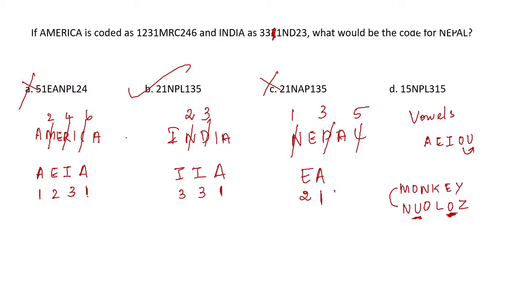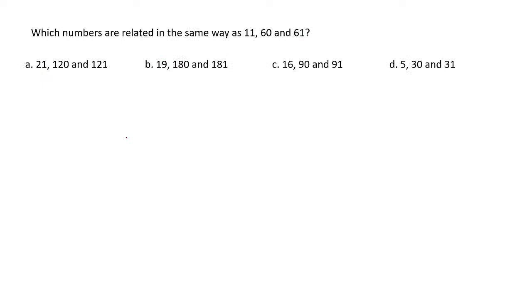So we'll move on with the next question. Which numbers are related in the same way as 11, 60, 61? Kindly have a look at it and try to answer.